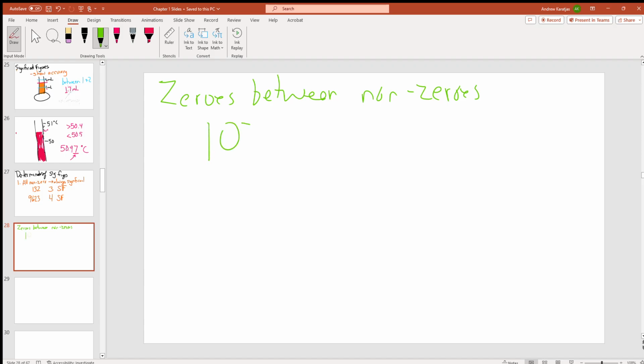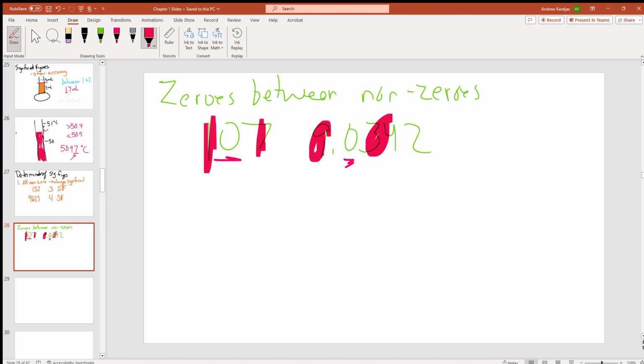So 107 or 9.0342. These zeros are between non-zeros. And if they're between non-zeros, those zeros are significant.